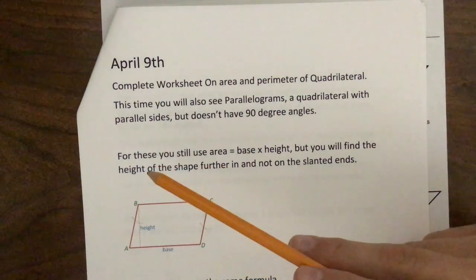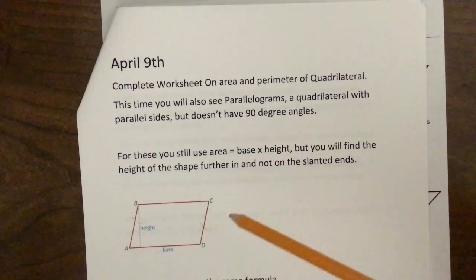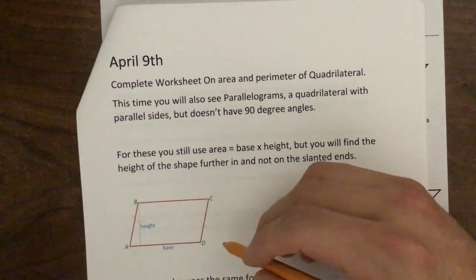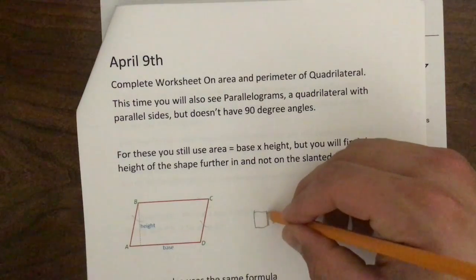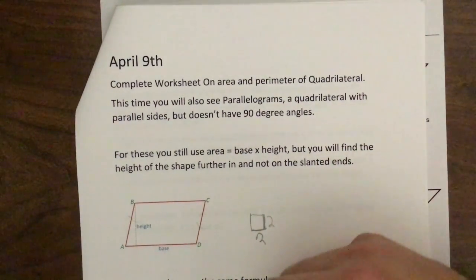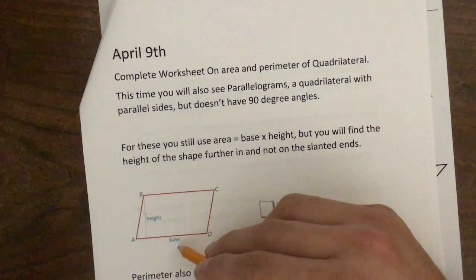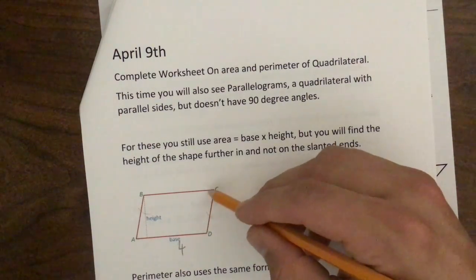All right, so for these, you're still going to use area equals base times height, but you're going to find the height of the shape further in, not on the slanted ends. So normally on a square, okay, the height is this side, straight up and down, and the base is here, right? Well, here, we'll still use the same base. So let's say this is 4, okay? But we can't use this because that's not the true height.